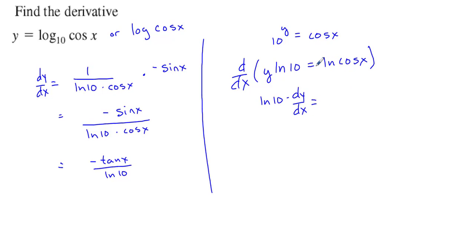Okay, the derivative of natural log cosine x, that would be 1 over the stuff, times the derivative of the stuff. Well, negative sine over cosine, that's negative tangent, divided by natural log 10.